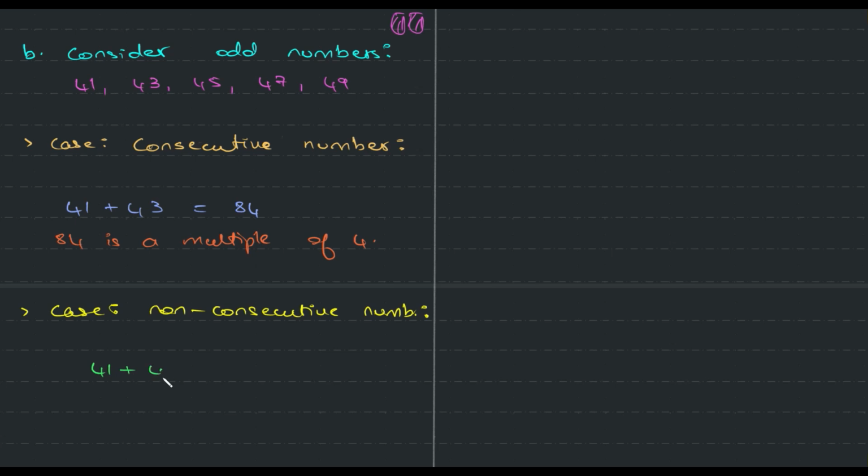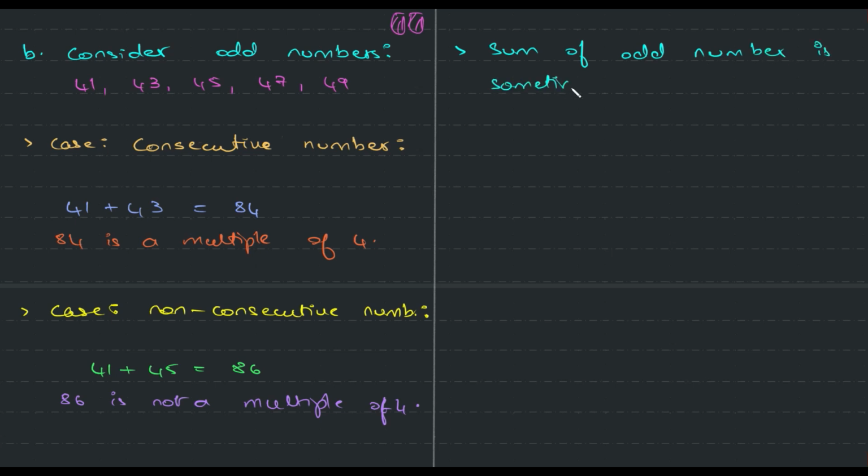Say 41 and 45 is 86. 86 is not a multiple of 4. So what can you conclude? Sum of odd numbers is sometimes a multiple of 4. And that's that.